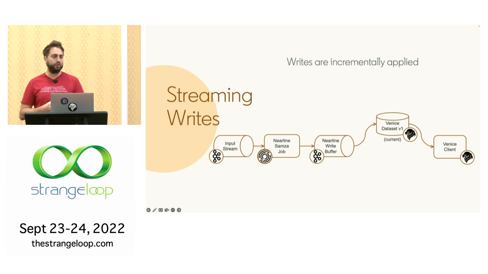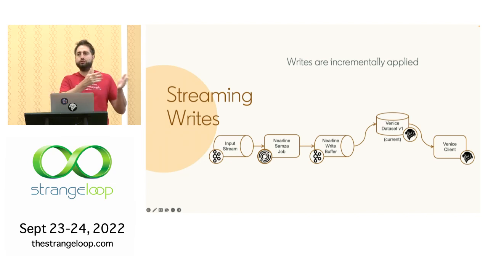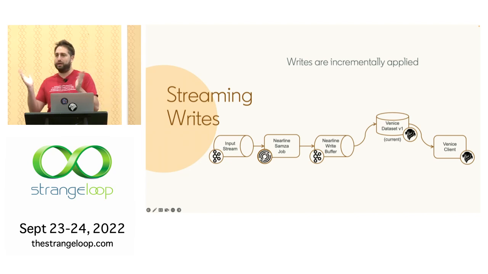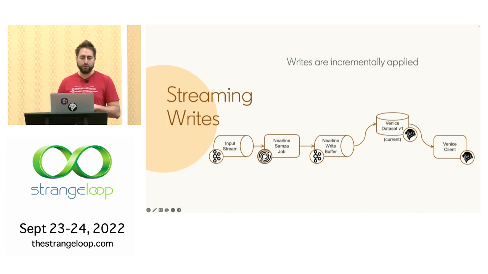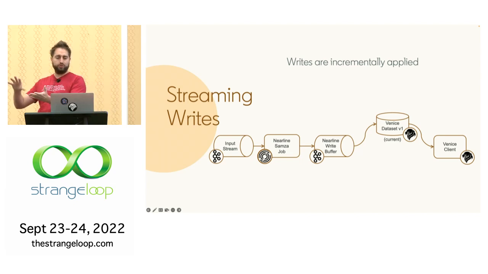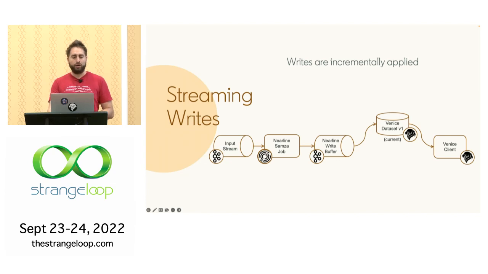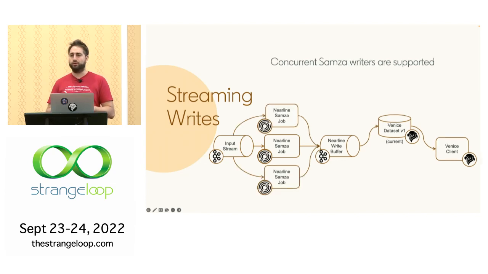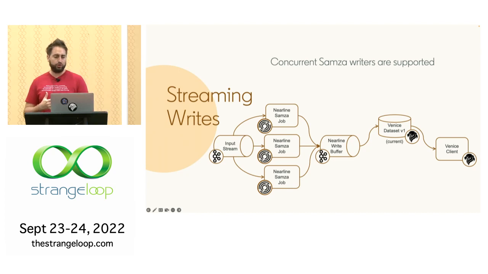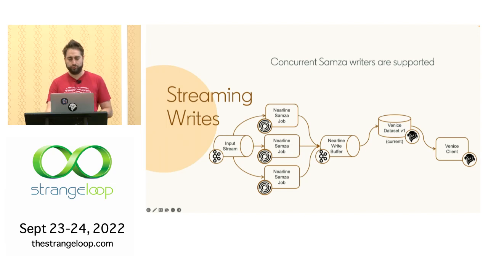Whereas an incremental push has a finite input, so it has a start and an end, like any other batch job. But besides that, the rest is the same, right? The Samza job writes into the buffer, gets applied to all dataset versions that exist, and we do support concurrent Samza nearline jobs, all writing into the same dataset to union many data sources together.